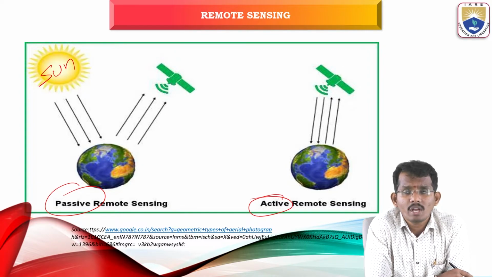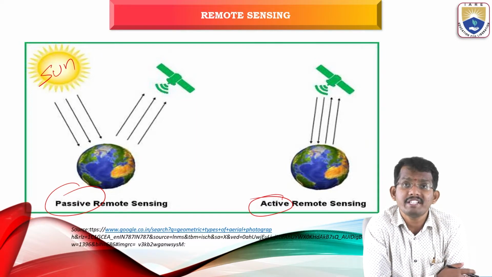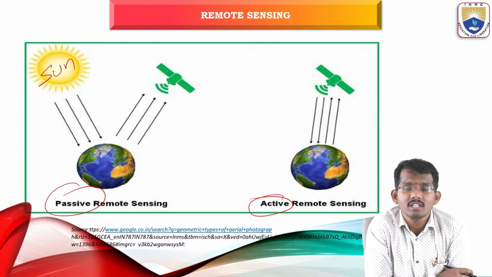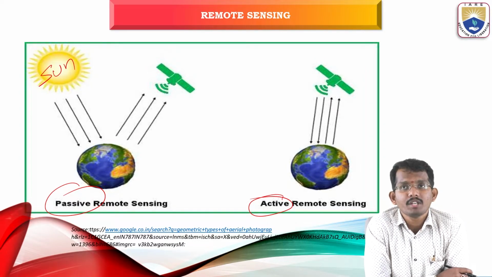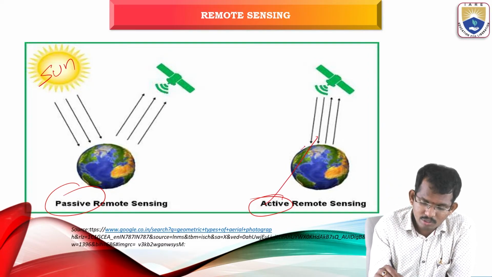Here solar energy is the free source which emits a lot of electromagnetic radiation. So the remote sensing which happens in presence of sunlight is called passive remote sensing, and the remote sensing which is performed in absence of sunlight is called active remote sensing.